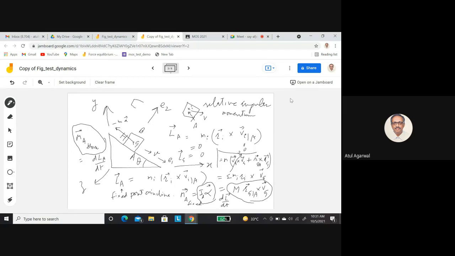If you look at this, you have a gravitational force and a frictional force. That's all. Is there a normal force? This normal force, you don't know from which point it is passing. It will be passing from somewhere here.